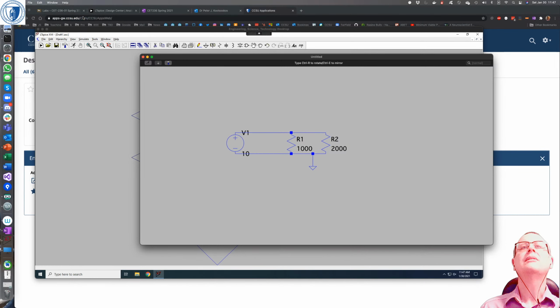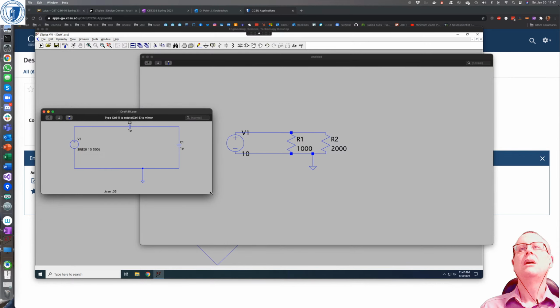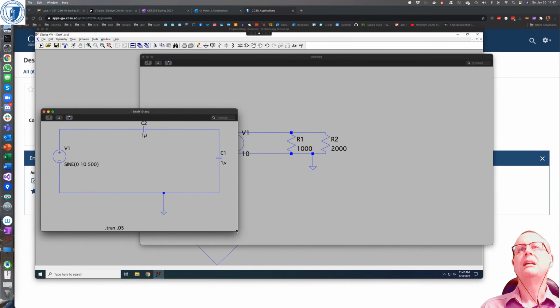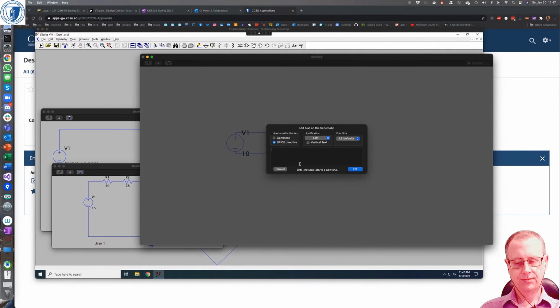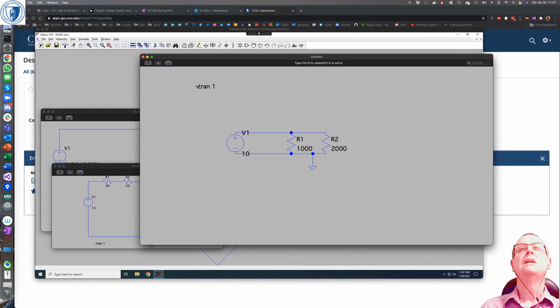Let's go with that one. Okay, so this is a later one, and it's not the one I want. So let's try draft 6 and .tran1. So let's just see if .tran1 works.